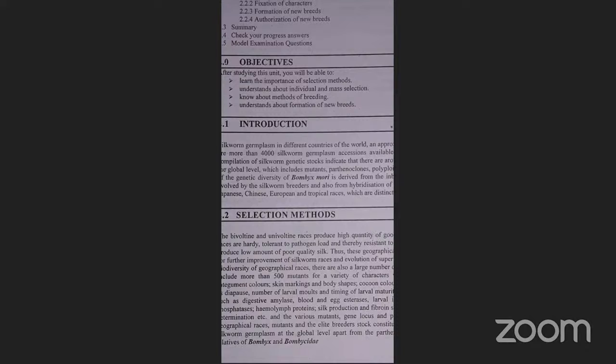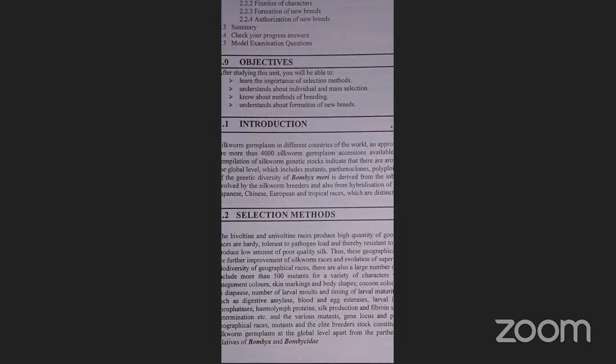The salivary glands produce the silk fibers, which are protein structures: fibroin at 74 percent and sericin at 25 percent. So good quality cocoons and fiber threads are produced by the bivalent and univalent races.